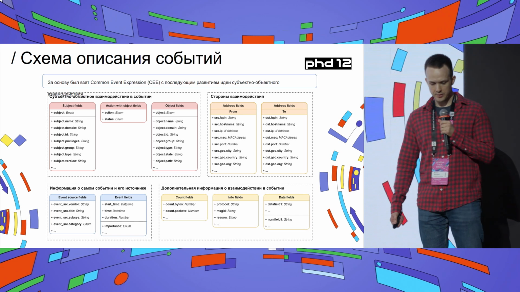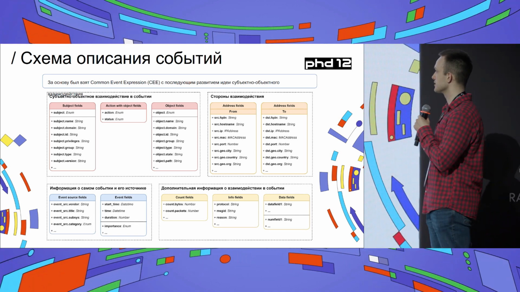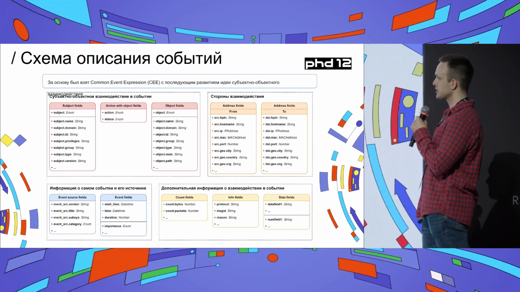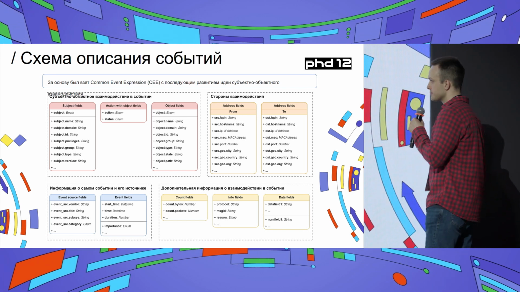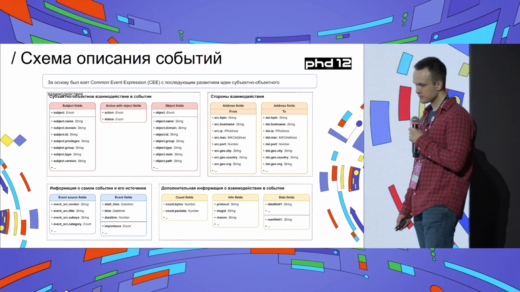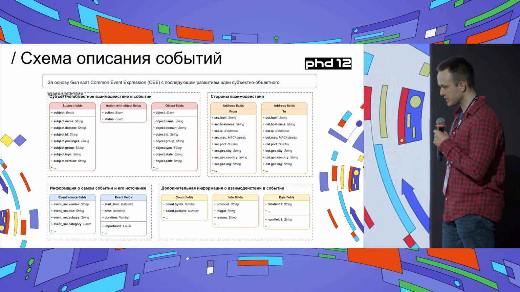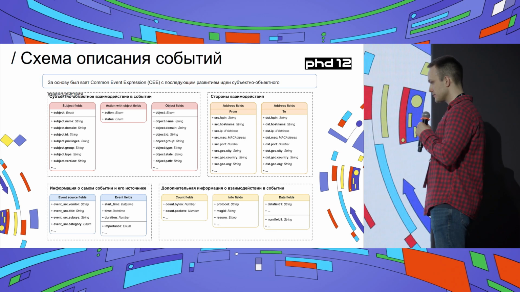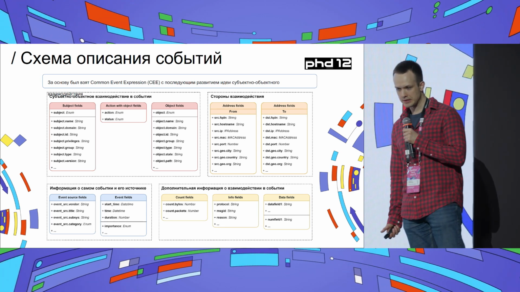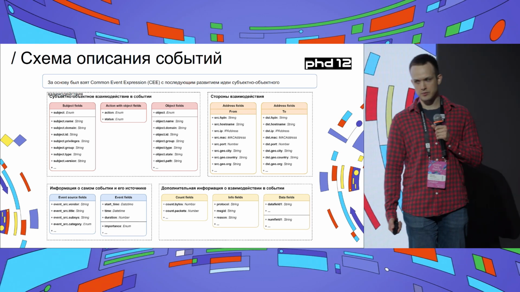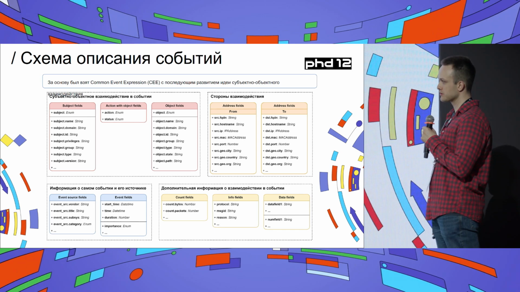As we evolved, we started describing new entities because we saw that the entities described in the common event expression approach were not sufficient for us. And then we came up with the database that we had at that time, and we saw that the process becomes very cumbersome.